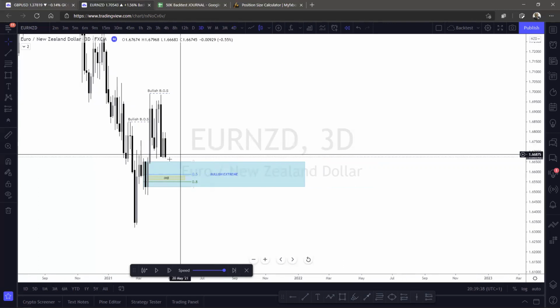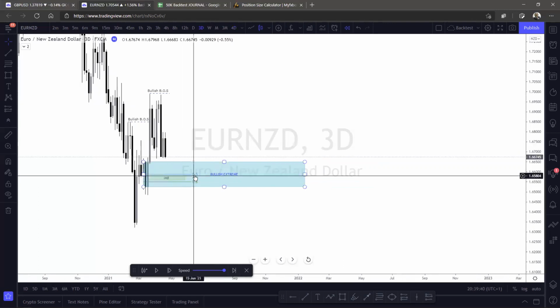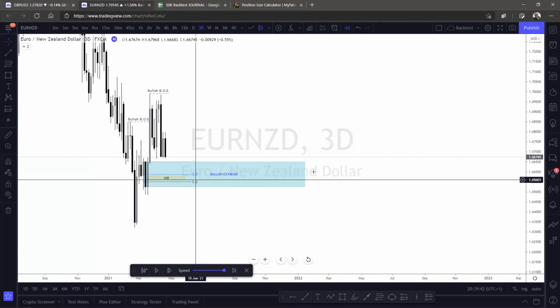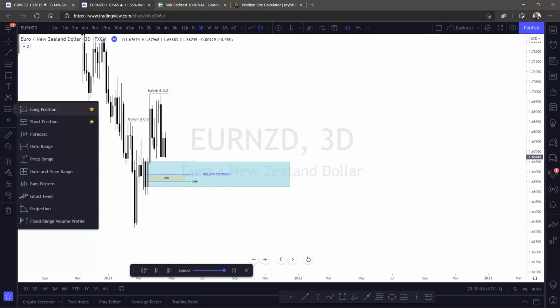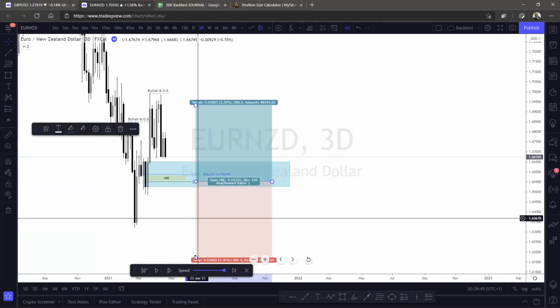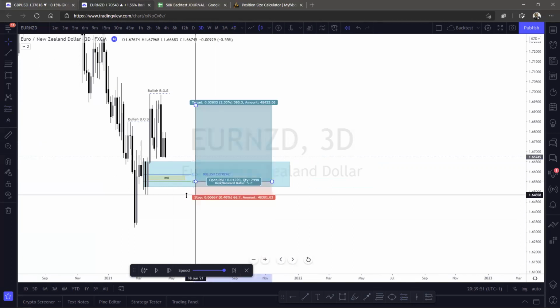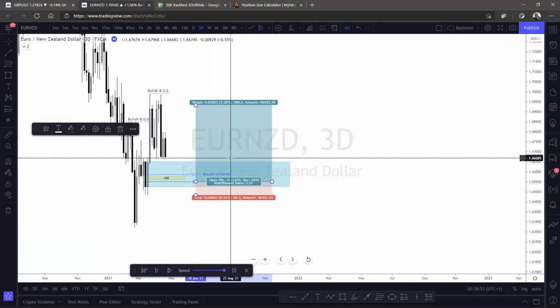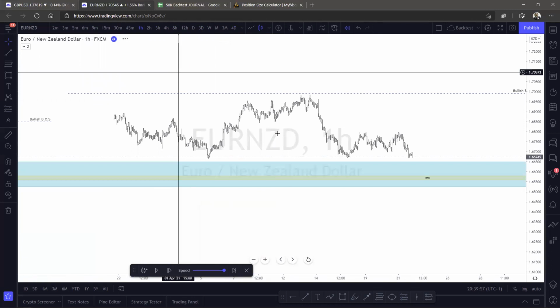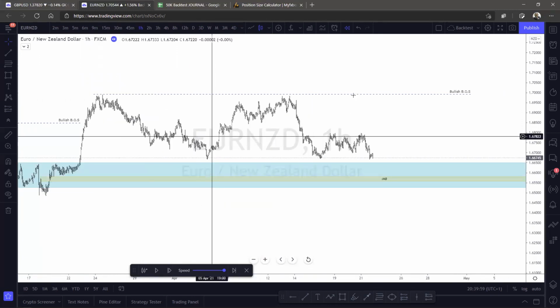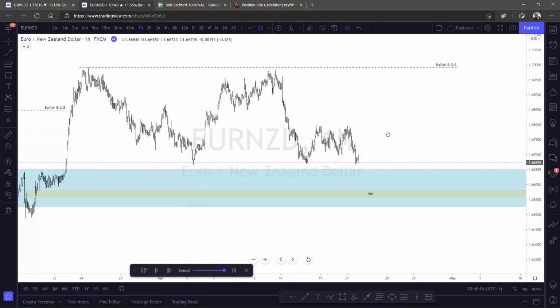Okay, cool. So there's our point of interest inside the higher time frame point of interest. I don't know how many pips that is. Okay, yeah, that's a lot. All right, cool. So we're gonna work the order flow on the lower time frame, and we're gonna see what we can catch, with that being the target as the new high.